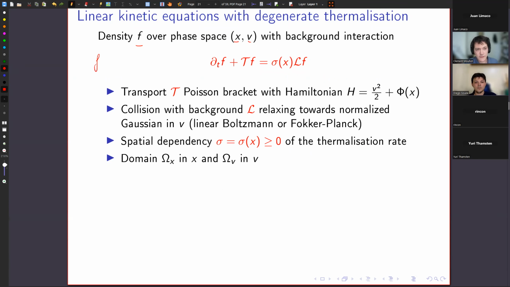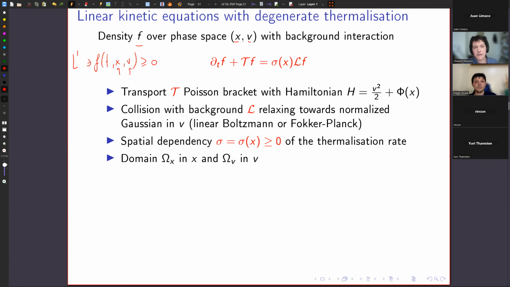So f depends on time. I will often put the time as an index to make equations more compact. So be careful, the index doesn't mean I differentiate in time, as people often write in fluid mechanics. And I've got a position and I've got a velocity. And it has to be non-negative because it's a distribution, and it will typically be integrable.